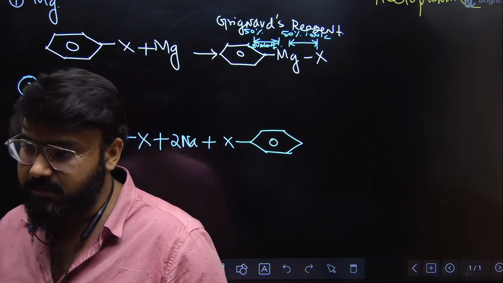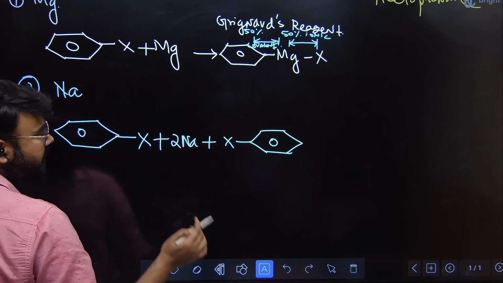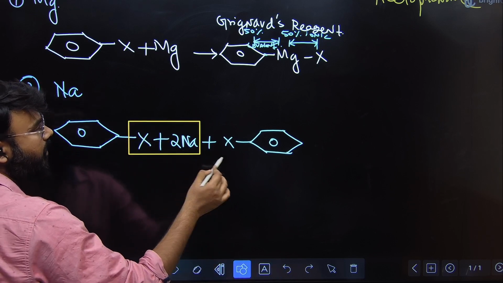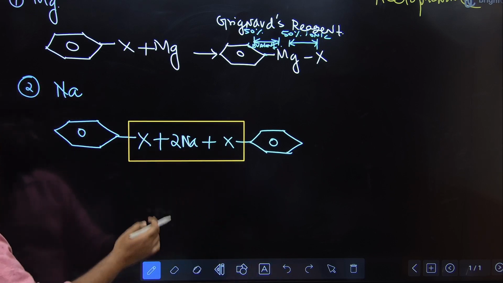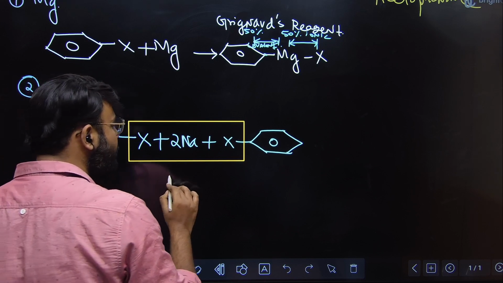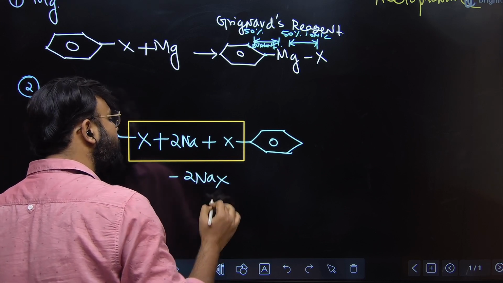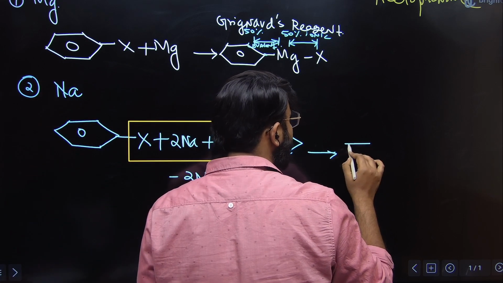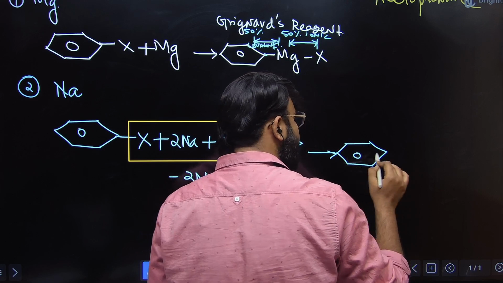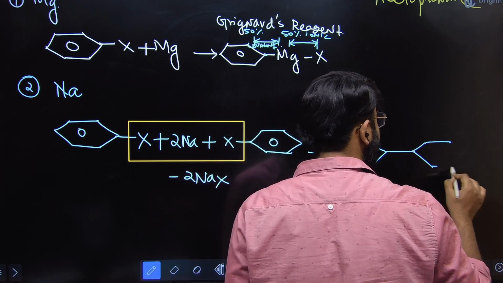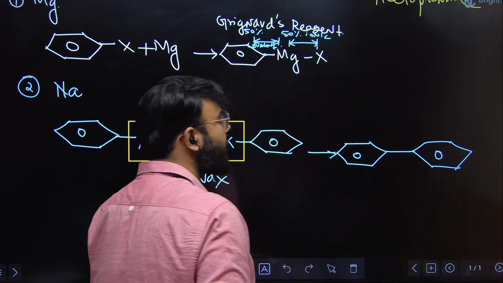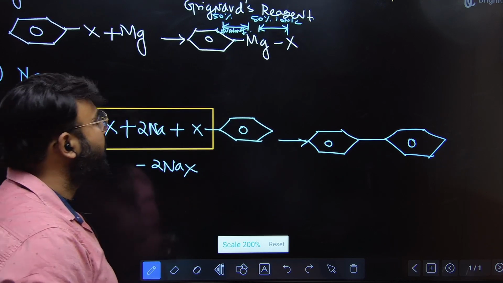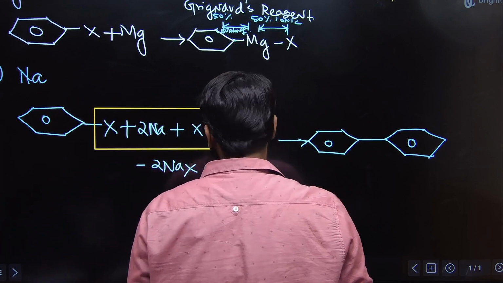This is haloarenes. Sodium will take out these halogens, so you will remove 2NaX. As a result, this ring will join to form biphenyl. This is not Wurtz reaction. This reaction is called Fittig reaction.